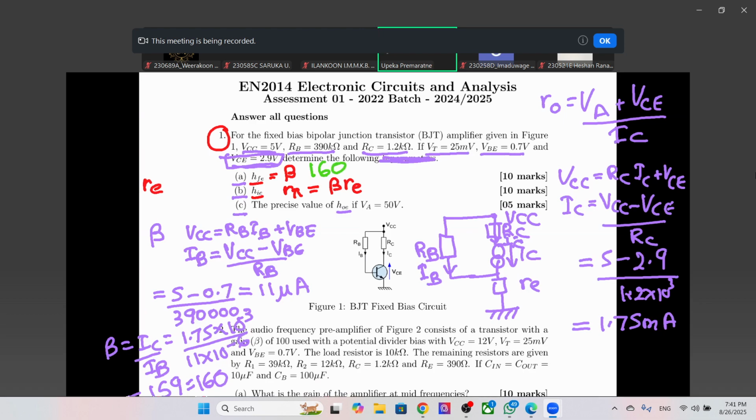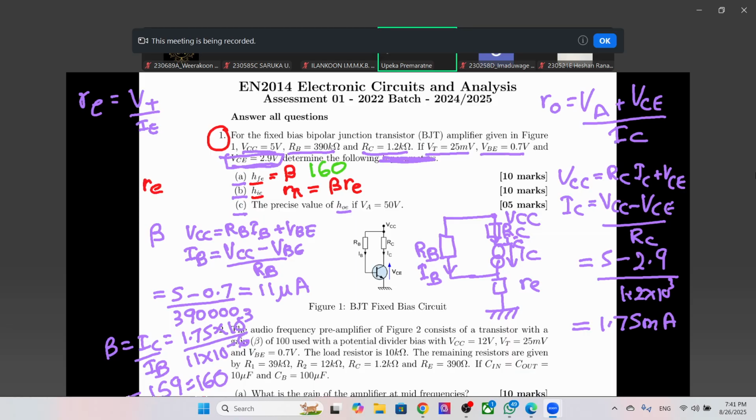Next, RE. For the student who asked, RE is equal to VT divided by IE, where VT is the thermal voltage.